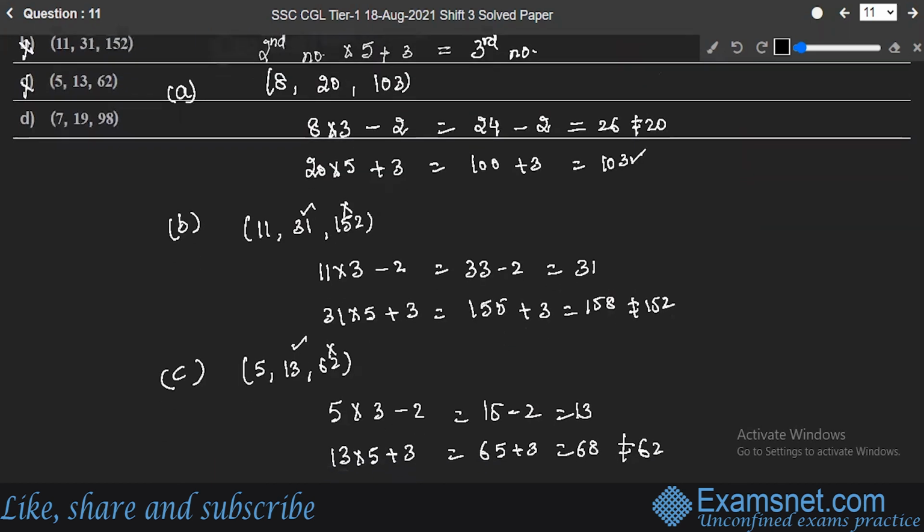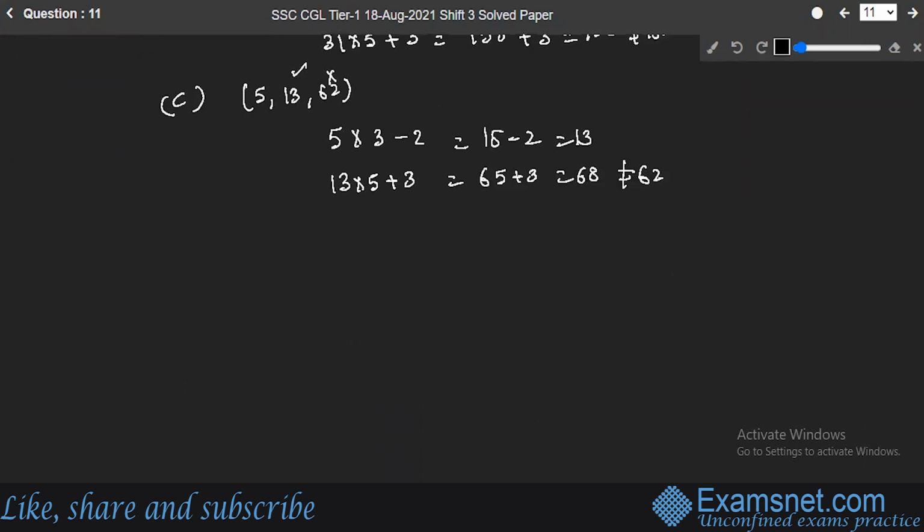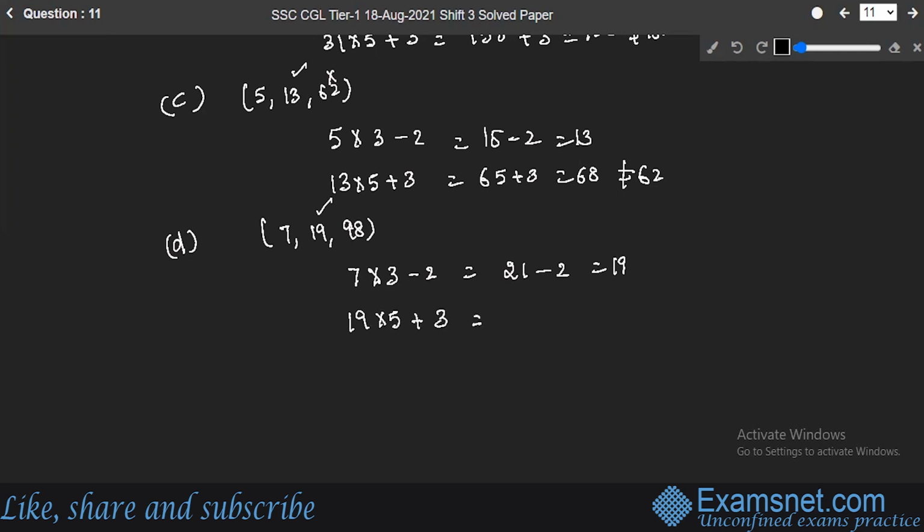Now let's go with the last one, option D: 7, 19 and 98. The first number is 7 multiplied by 3 minus 2, which is 21 minus 2, equal to 19. This is correct. 19 multiplied by 5 plus 3 is equal to 95 plus 3, that is 98, which is also correct.